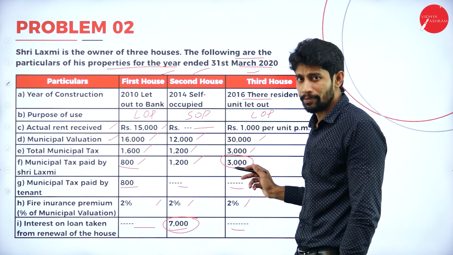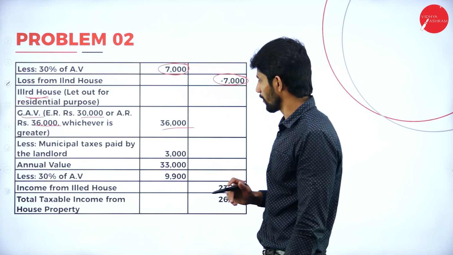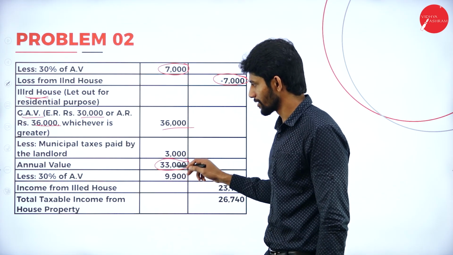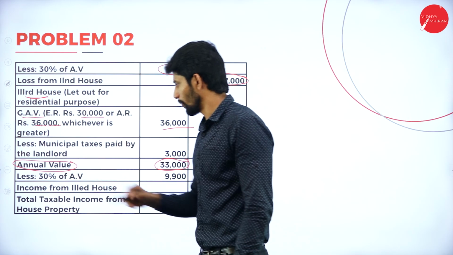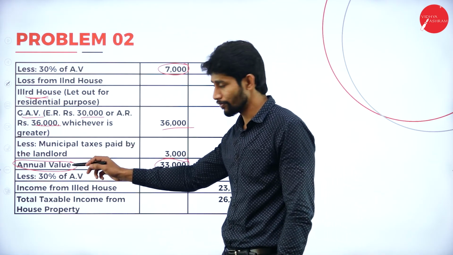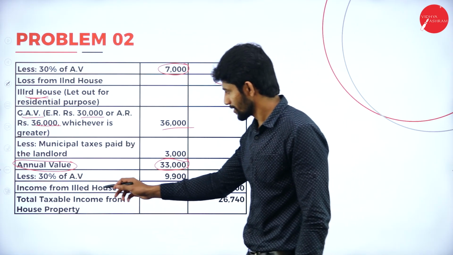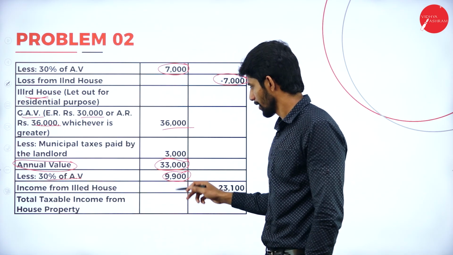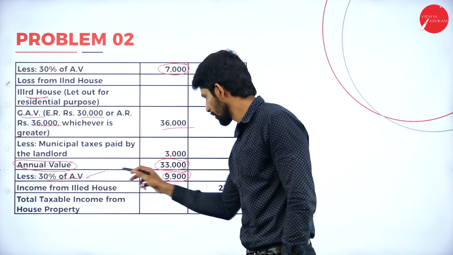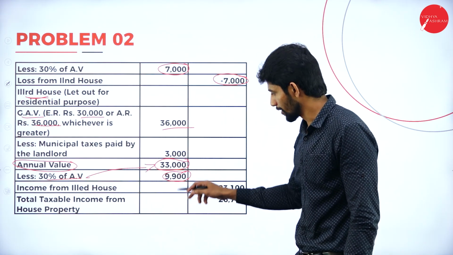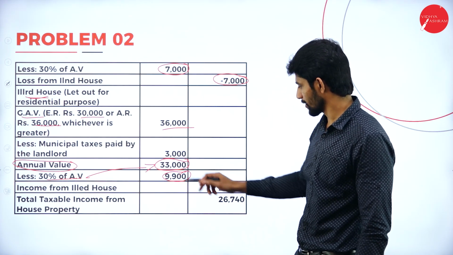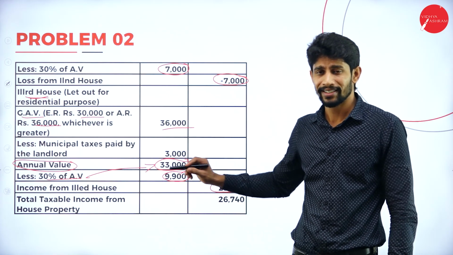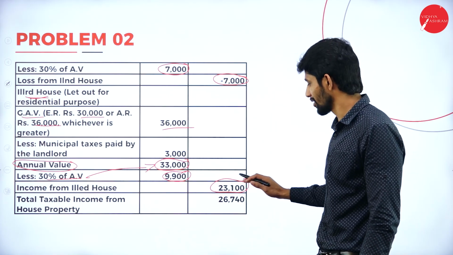So 36,000 minus 3,000, balance 33,000. This 33,000 is the annual value. From annual value, less 30% of annual value. If you compute 30% on 33,000, you will get 9,900. Deduct that, and the balance you will get is 23,100. That is the income from house 3.